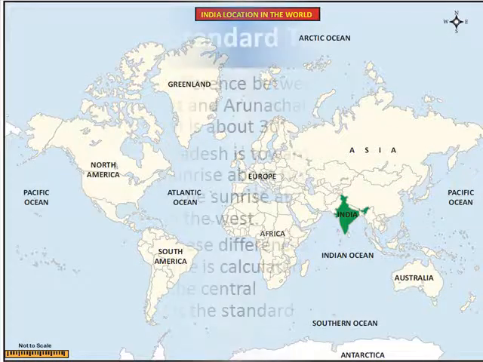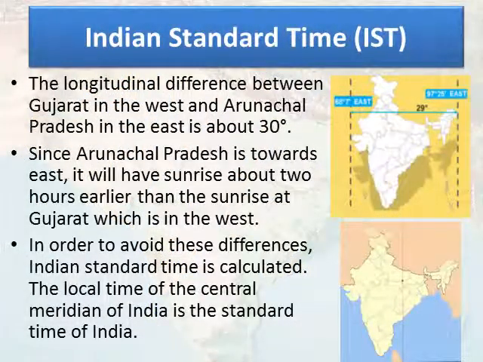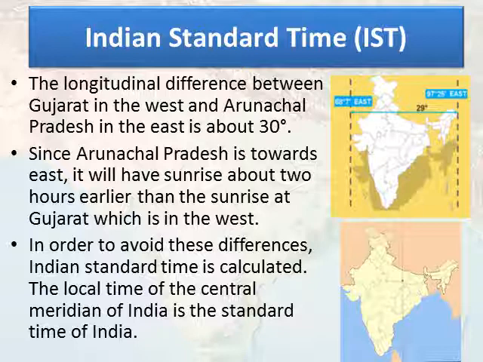Now let us have a little bit of understanding of Indian Standard Time or IST. IST is taken as a standard time as it passes through almost the center of India. The country's east-west distance is more than 2,933 kilometers and covers 29 degrees of longitude, resulting in the sun rising and setting almost 2 hours earlier on India's eastern border than in the Rann of Kutch in the far west.